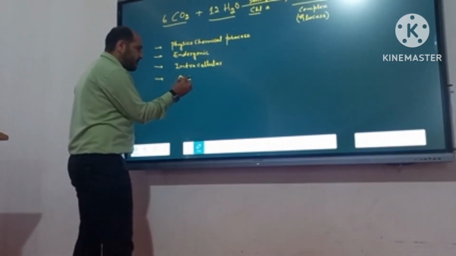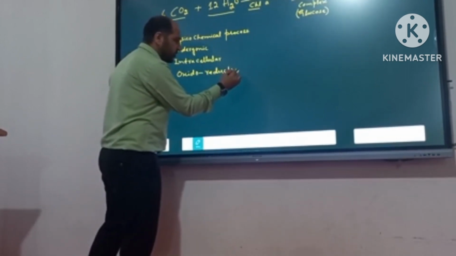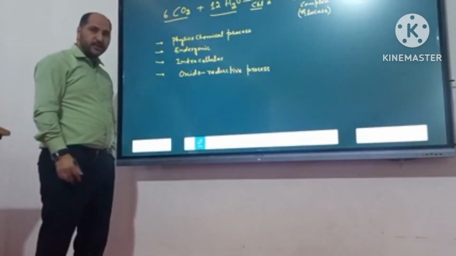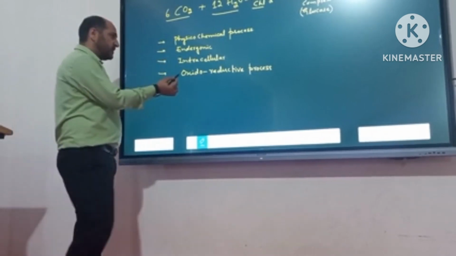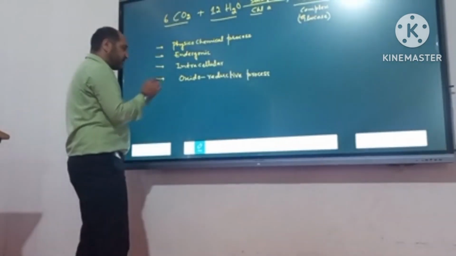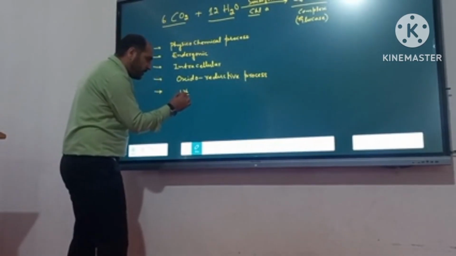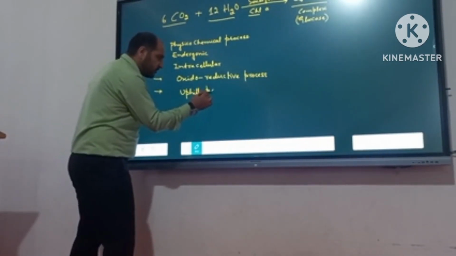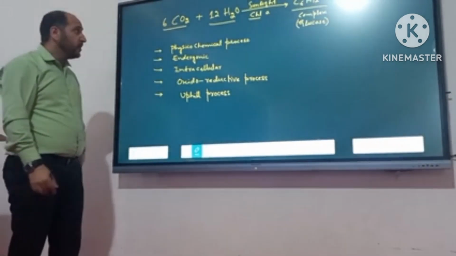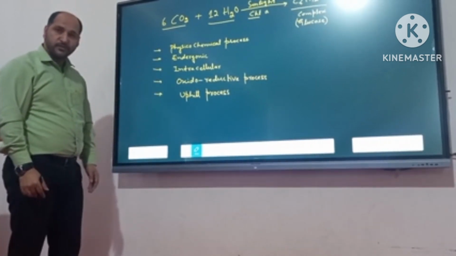It's an oxidoreductive process in which some molecules are oxidized, some molecules get reduced. And when energy is being used, we can also term it an uphill process. Uphill process means that the energy is being used up. So now we can define photosynthesis with respect to these 5 terms also.